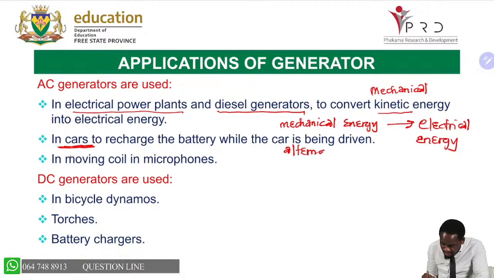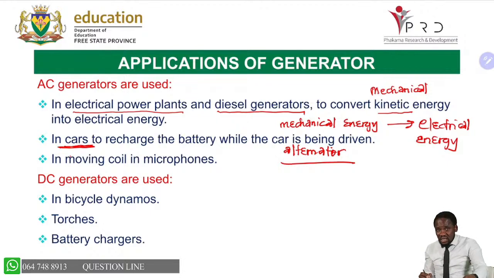I think it comes from the words alternating current. So an alternator becomes the device in the car. That's why the car has to move. That's the mechanical energy. So while it's moving, the alternator generates that electrical energy, which is stored to actually propel or drive multiple functions within a car, right?